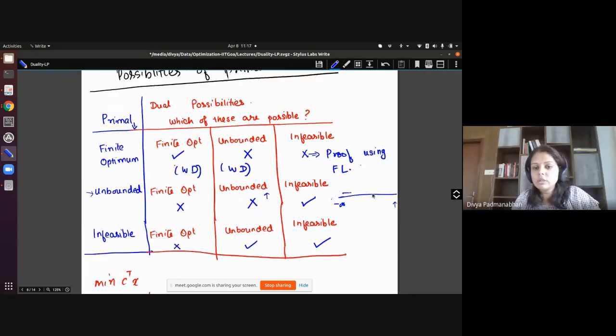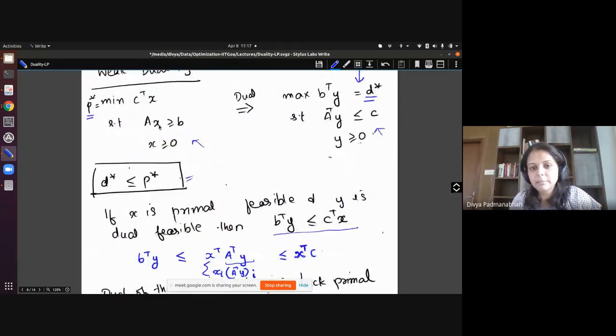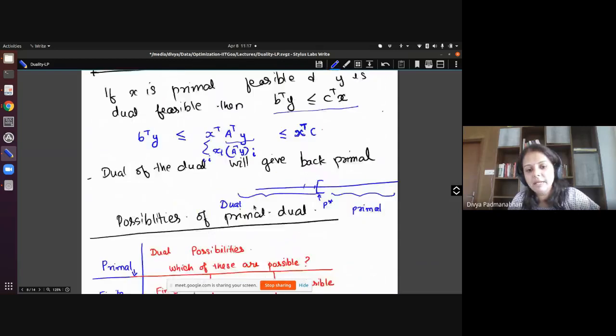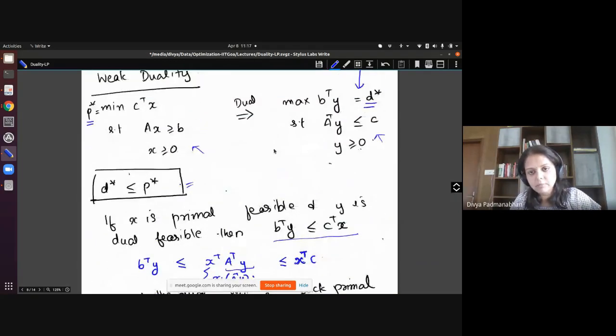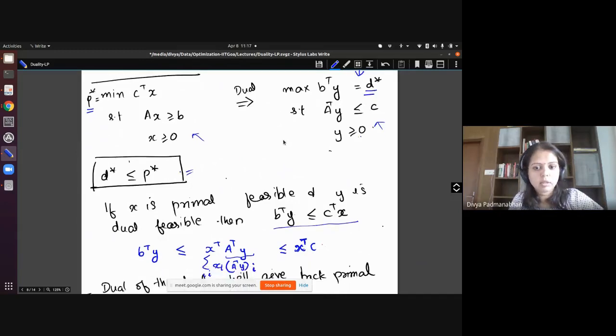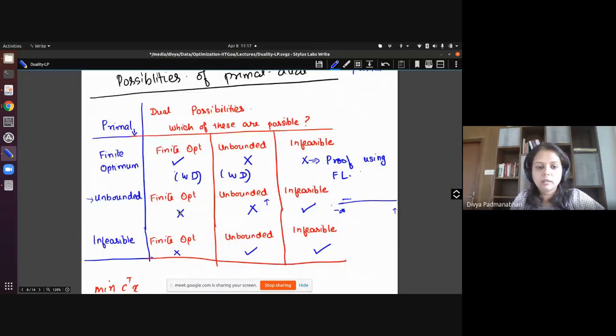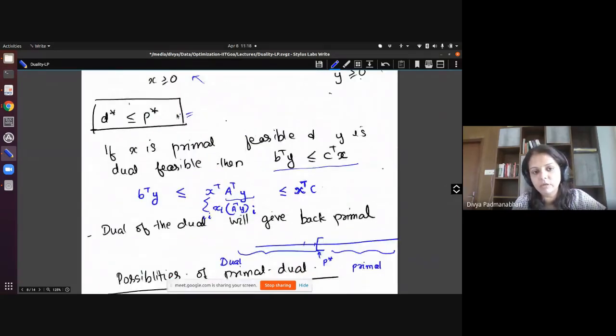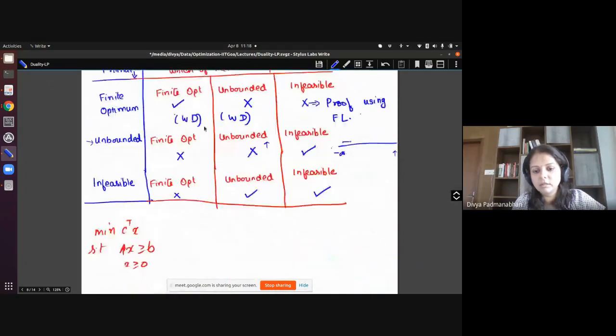So this is the case when the primal is a minimum and the dual is a maximum. Now if the primal was a maximization problem, the dual is going to give you an upper bound, right? So if you start off with a maximization problem, all these things are going to flip. Let me write it here.